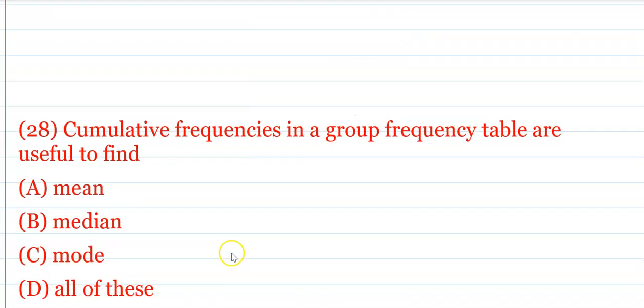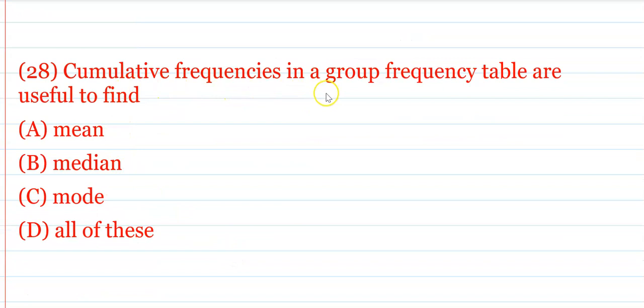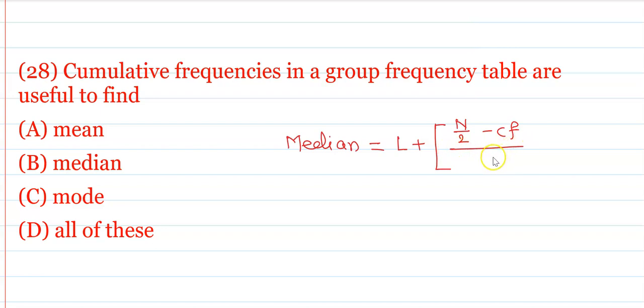Okay. Now the next. Cumulative frequency in a group frequency table is useful to find out the median. To find the median, we use the cumulative frequency because the formula for median is like this: median equals the lower class limit plus n upon 2 minus CF, that is the cumulative frequency, upon F into H. To find out the median, we use the cumulative frequency.